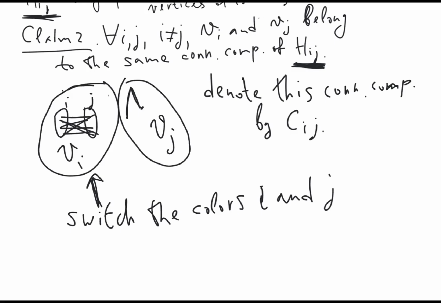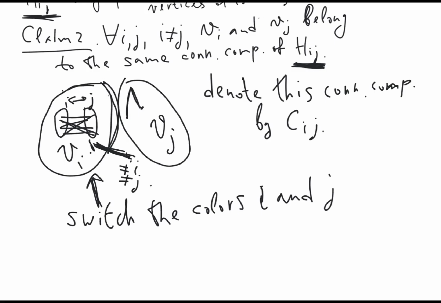i and j. By switching the colors i and j between each other, it still would be a proper coloring, and since it's a connected component, we don't violate any edges that come out of this. Any edge coming out of this, if this is colored i or j, then the other end of this edge is not i and not j.